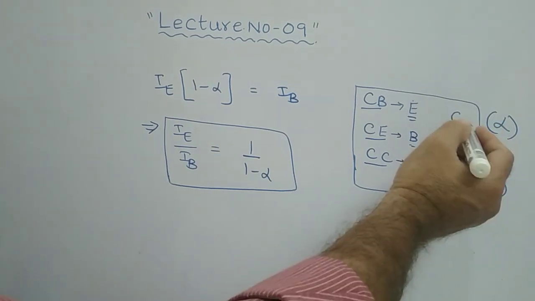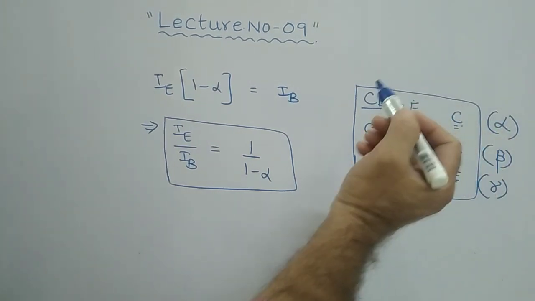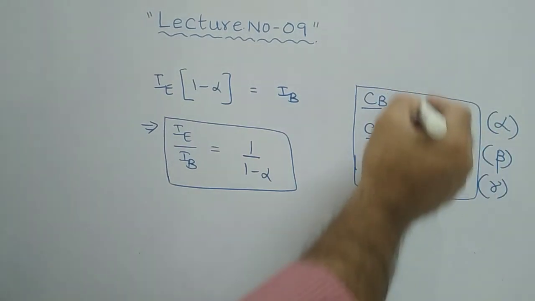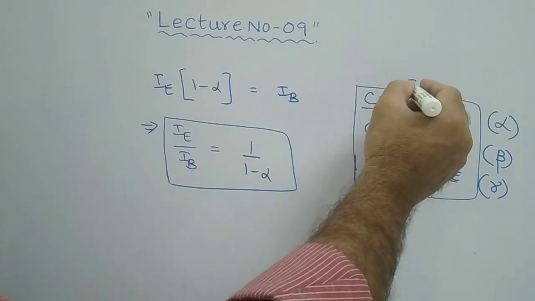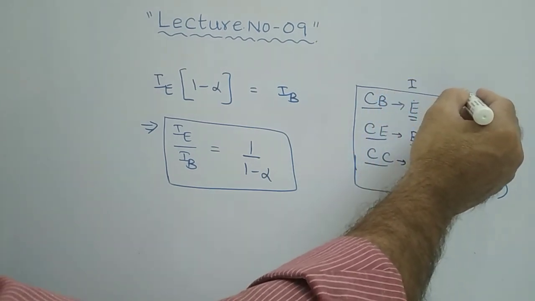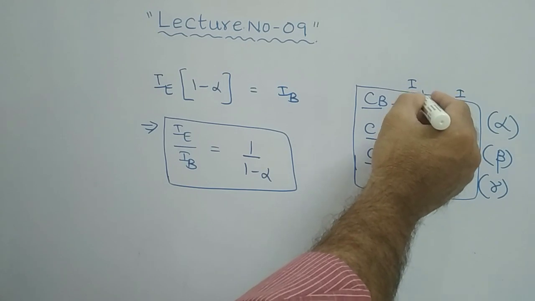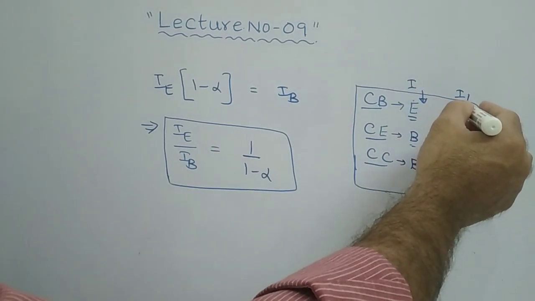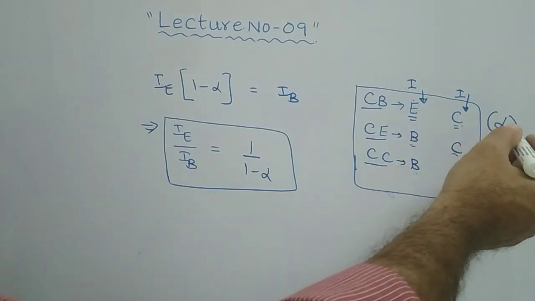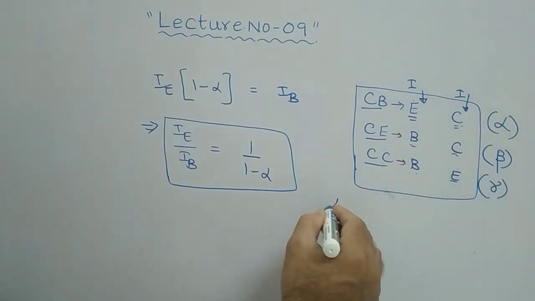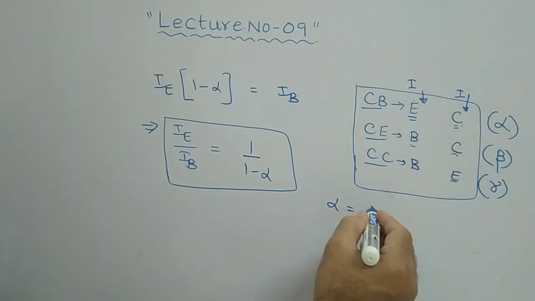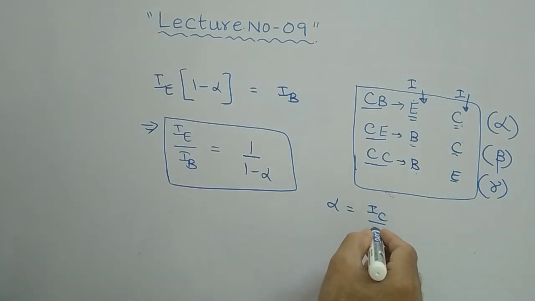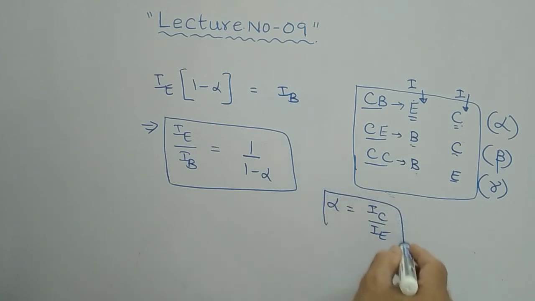What is the current gain? The current values are very important, input current and output current. Alpha is equal to IC by IE.